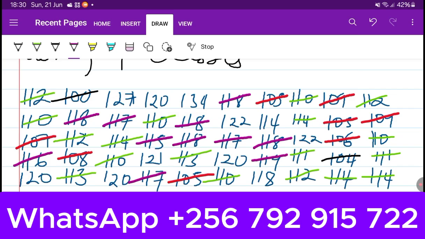It's up to 119. So these are how many? 1, 2, 3, 4, 5, 6, 7, 8, 9, 10, 11, 12. Even this one was 119. We skipped it. Those are 13.